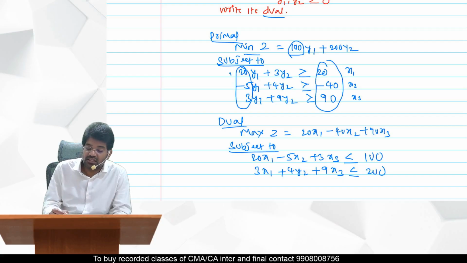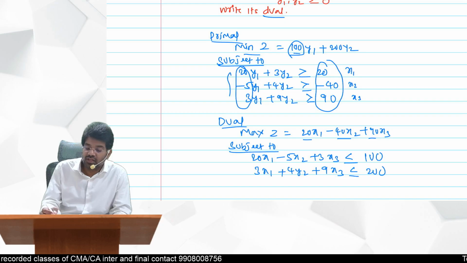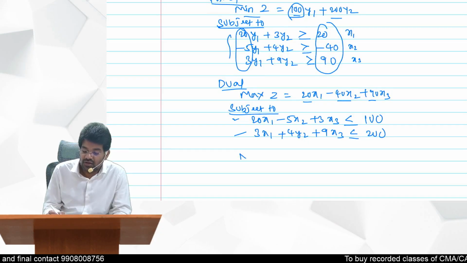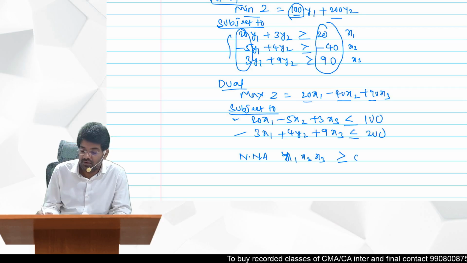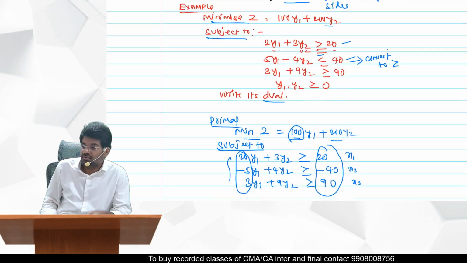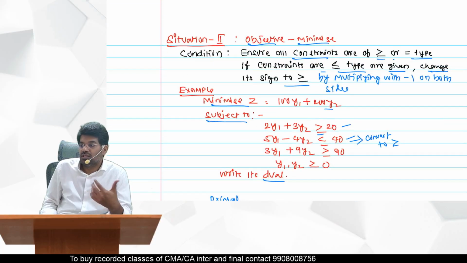So your constants will become variables. Three constants have become three variables, and the two original variables will become two constraints. And the non-negativity assumption, that is x1, x2, x3 greater than or equal to 0. So this is the dual for this example. So that was situation 2. I hope everyone understood how to convert a primal into dual.